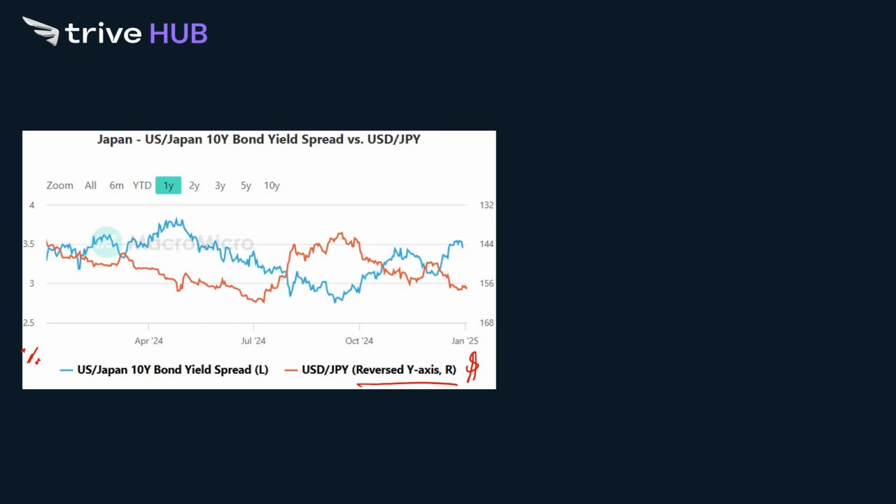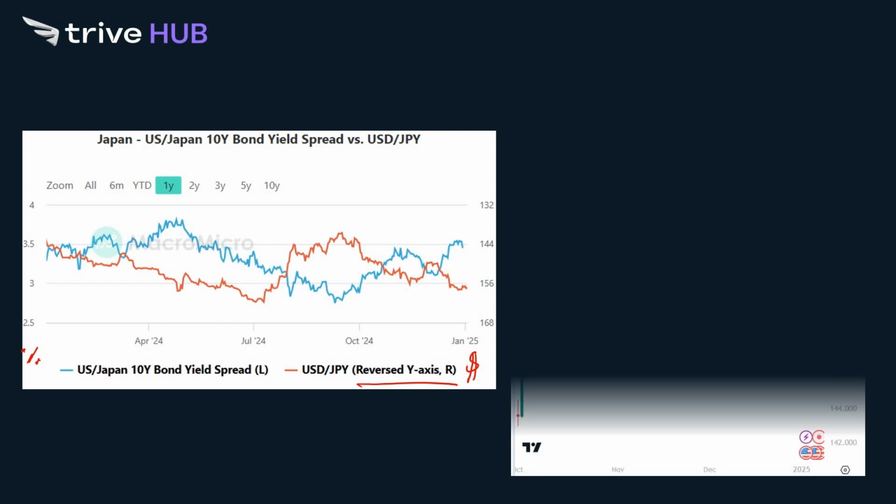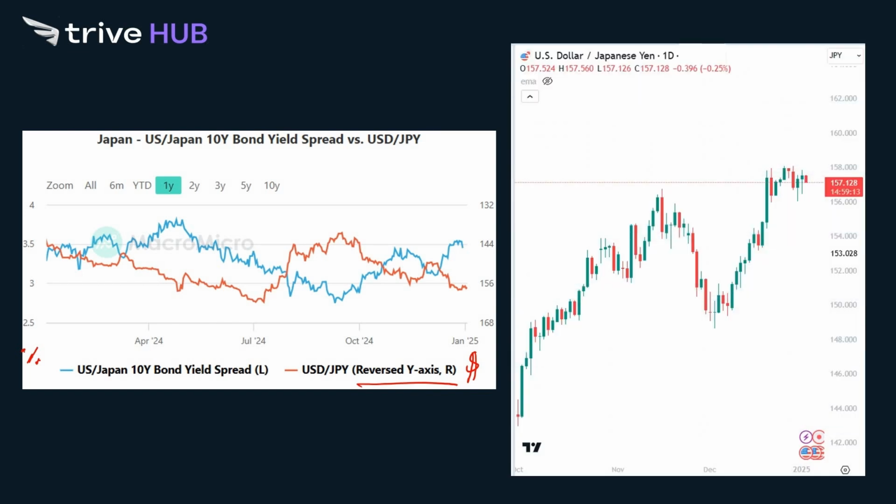But if you just look at it on the correct axis, then it is also on an upside trajectory. And if we look at the USD JPY chart, it also shows a very good upside momentum. This reversal occurred from the 10th of December, when the yield spread started to rise from this point. This is also around the 10th of December.